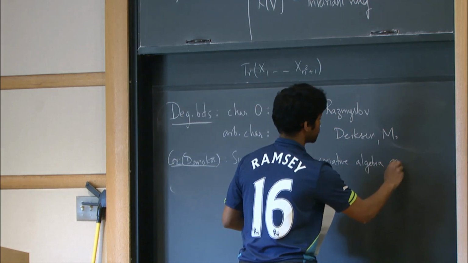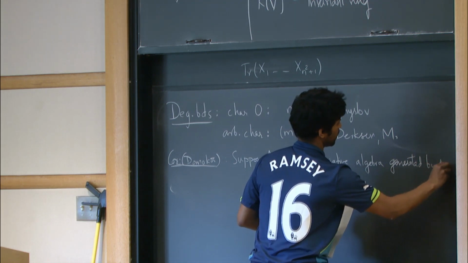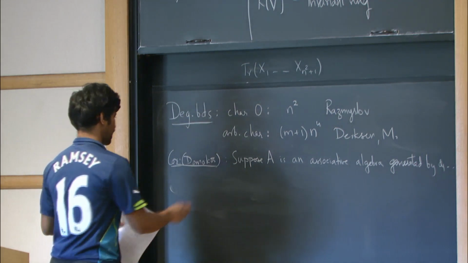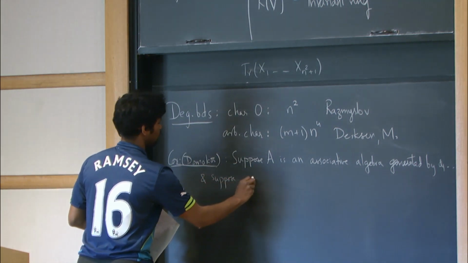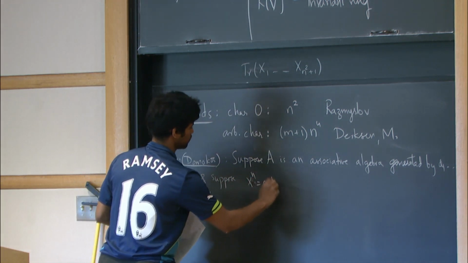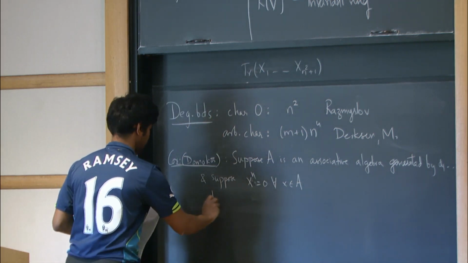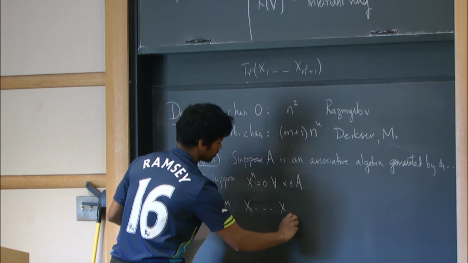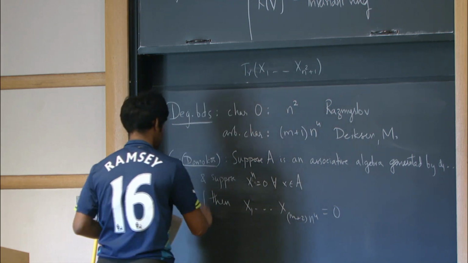And it's generated by m elements, so let's say it's generated by a1 up to am. And suppose that every element in A, when you take it to the power n, is equal to 0. If you have this assumption, then the claim is that no matter what monomial you take of length (m+2)n to the 4, you will always get 0.